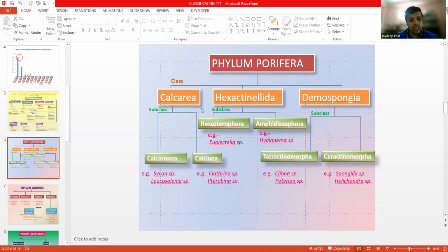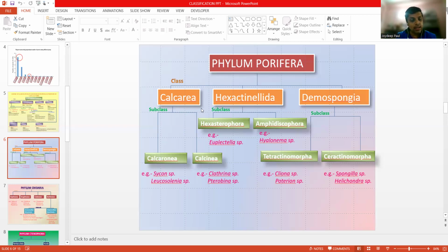Endoskeleton calcareous spicules composed of calcium carbonate. So basically that is why the name is given, because the endoskeleton for this particular class is made up of calcareous spicules, which are made up of calcium carbonate. Symmetry radially symmetrical, cylindrical in shape.